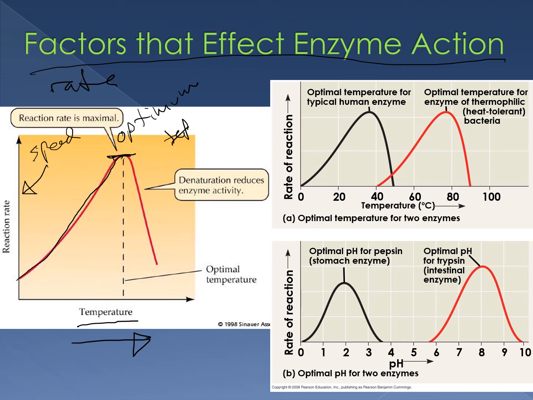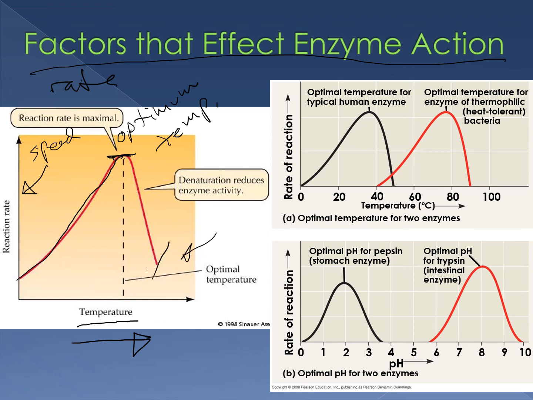That's a phrase that you want to know that describes the peak speed or peak rate of reaction. Optimum temperature. After this optimum temperature is passed, the rate of reaction begins to go down, and it goes down pretty rapidly, as you can see, until no reaction can be catalyzed.